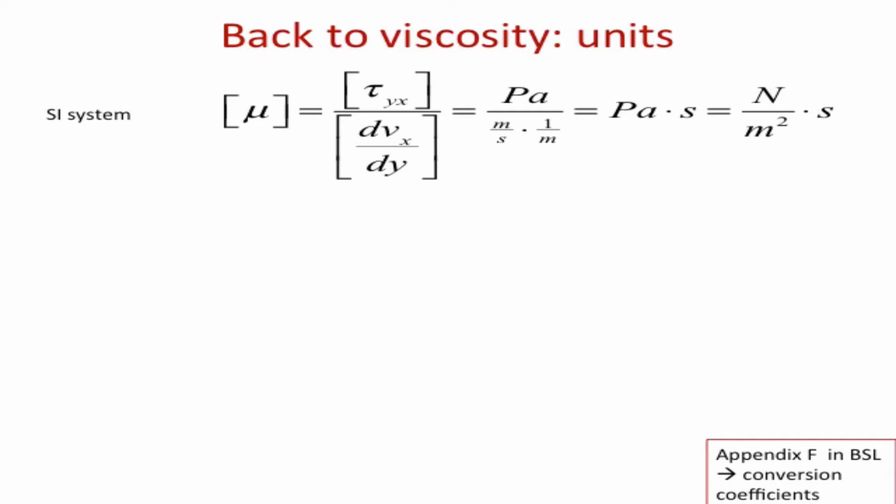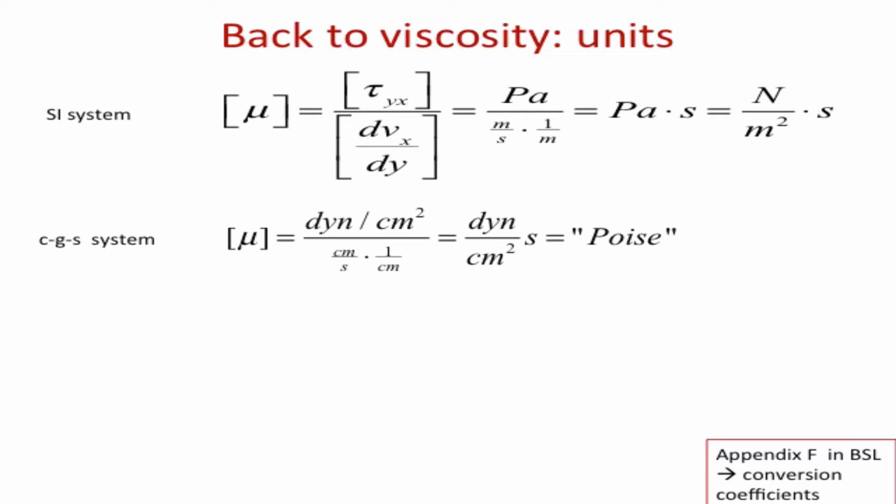So this is the SI unit. Then in the so-called CGS unit, which is actually more common, I have dyne divided by centimeter squared, and the velocity gradient is centimeter over second times 1 over centimeter. So dyne divided by centimeter squared times second is the so-called poise.